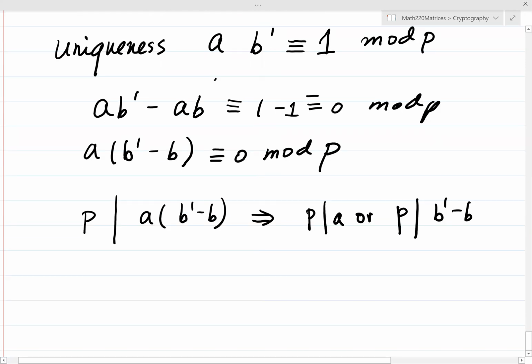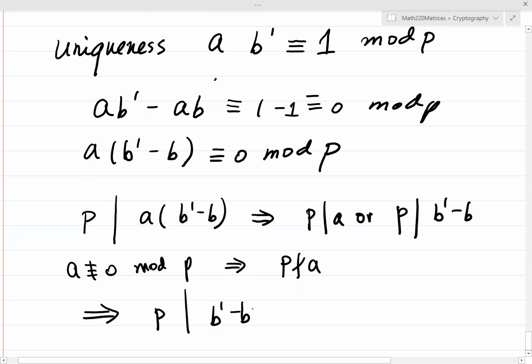Now, remember a is not congruent to 0 mod p, because we assume a is not 0. That is, p does not divide a.